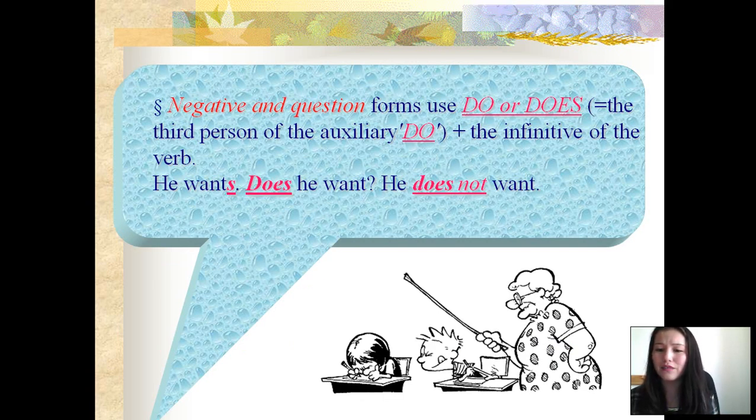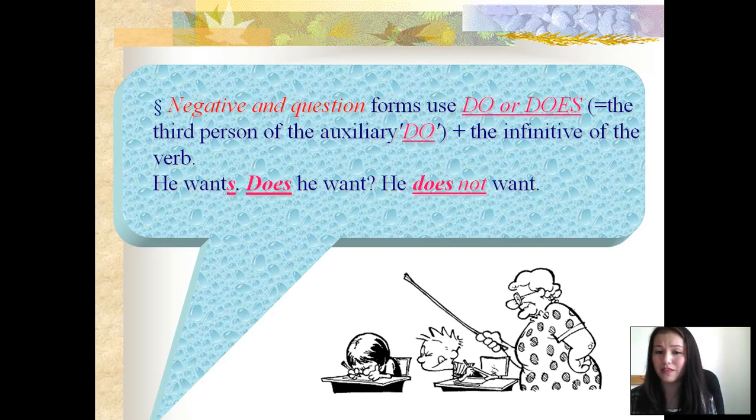Also, there are negative and question forms of the present simple, and in these forms we use do or does. For example, when it is the third person, we use does, and with the others we use do. And also we add the infinitive. We use the infinitive of the verb. For example, he wants.